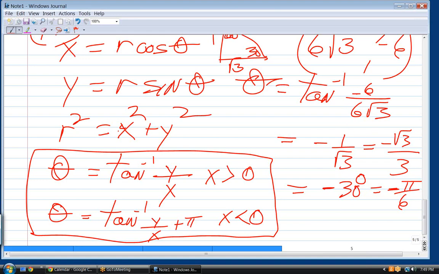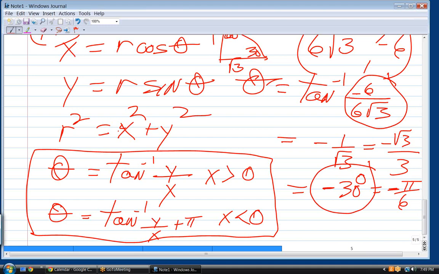We took the inverse tangent of a negative number, so the angle we get is going to be a negative angle. For inverse tangent, and tangent's the one you're always dealing with here, whenever you have a negative number, you get a negative angle.